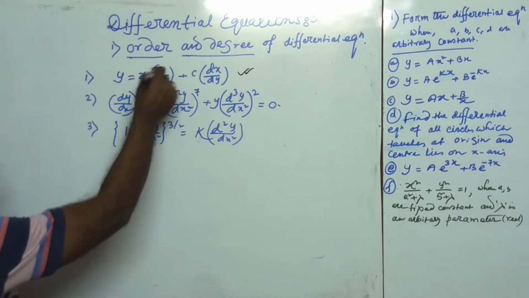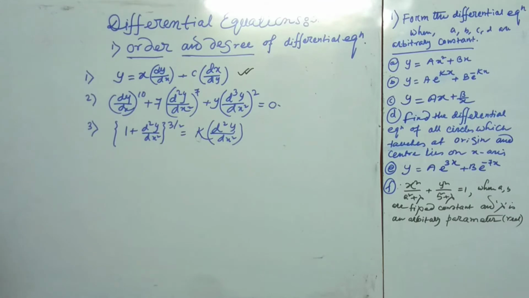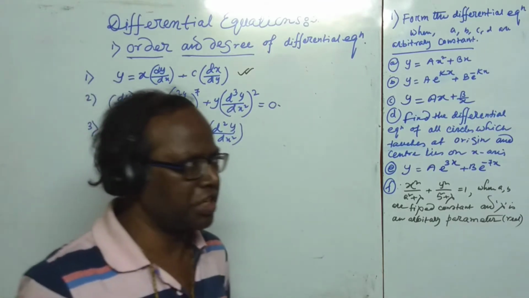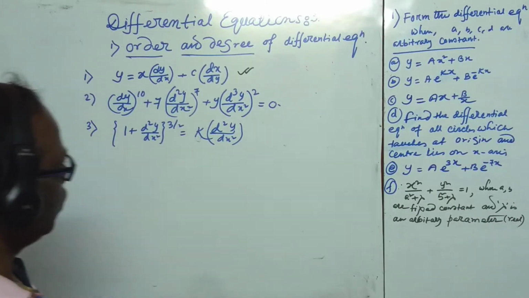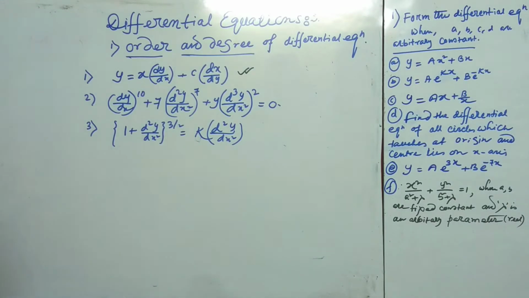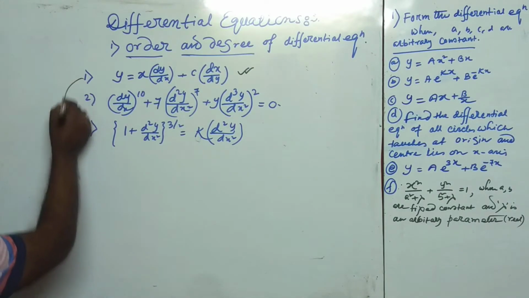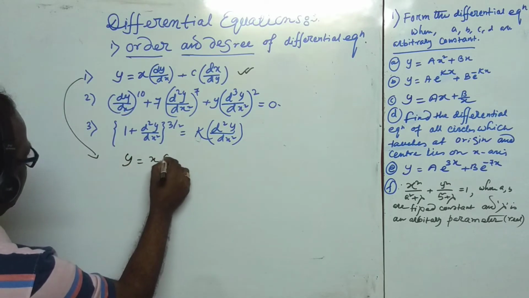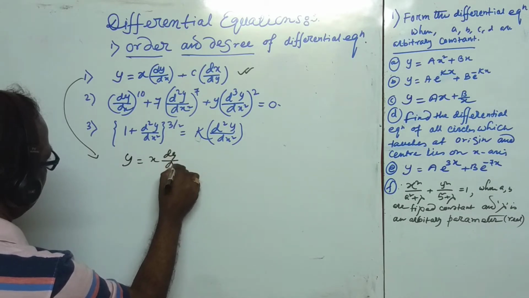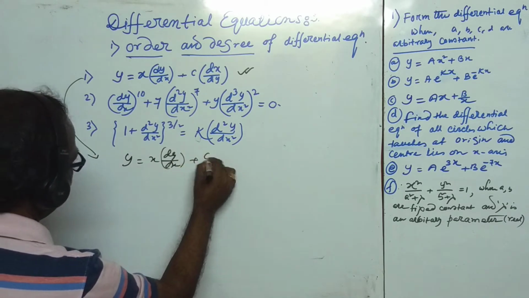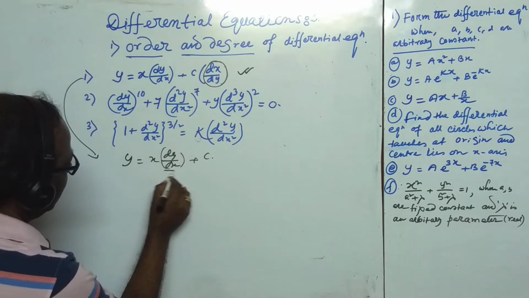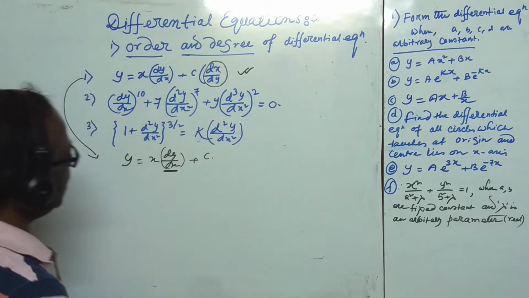See, there are dy by dx in this equation, second order, also third order in this equation. So, order and degree. First of all, question number 1. Again, write here x into dy by dx plus c. See here, this is dx by dy, but again, this part is dy by dx.